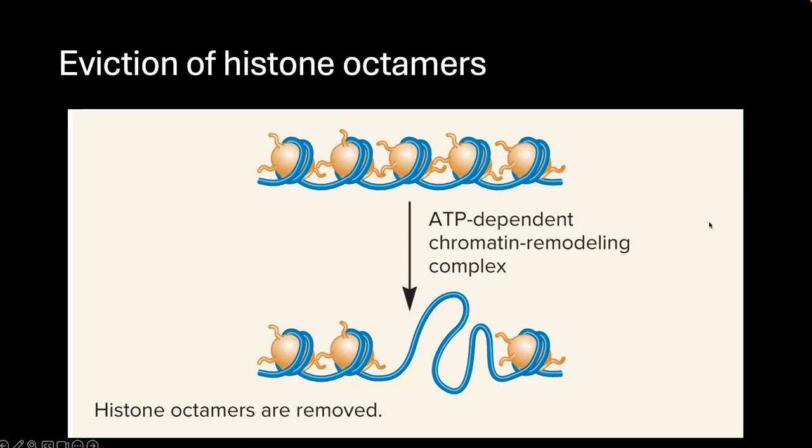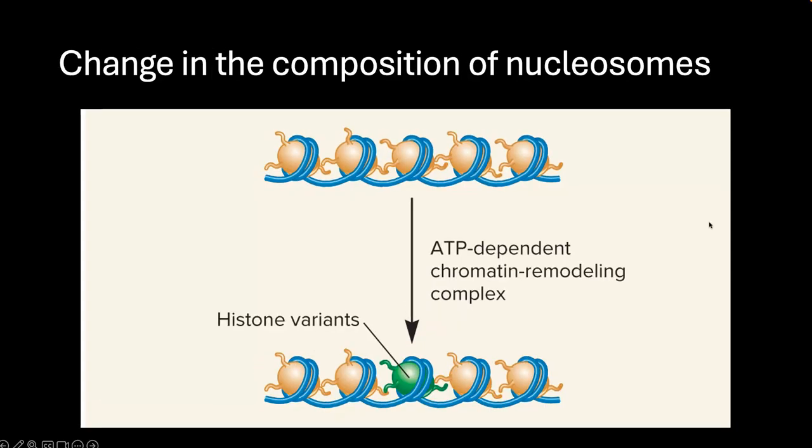The second way is through histone evictions. In this process, whole histone octamers are evicted from the DNA strand, leaving stretches freely accessible for transcription. The third and final way is through changing the composition of histones by inserting histone variants.